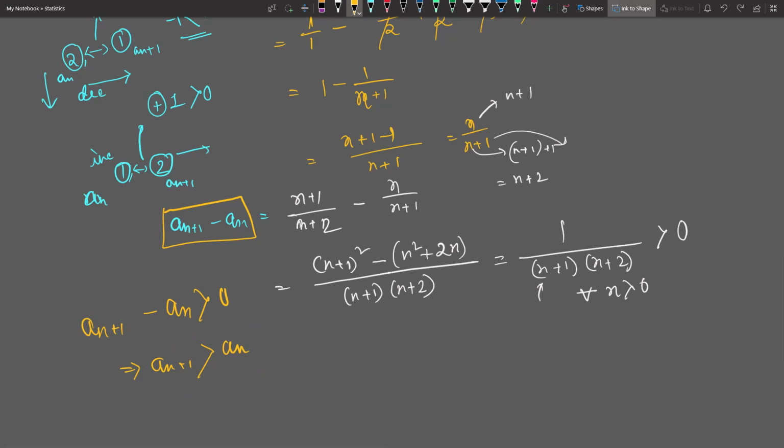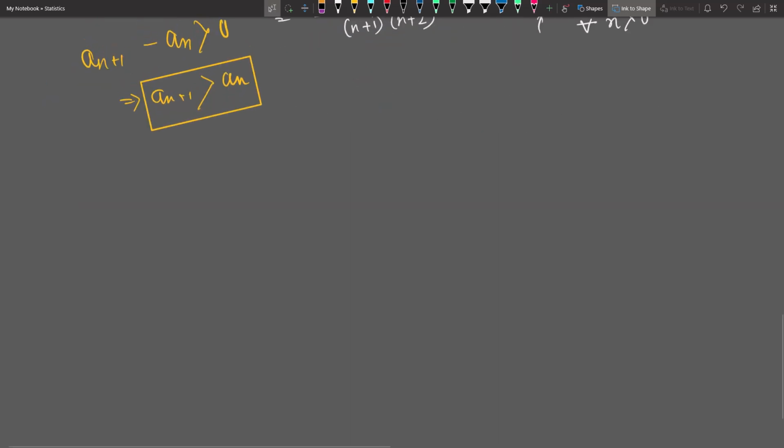So here is the thing, to find whether this is monotonic or not, not exactly the value. And let's see their graph.